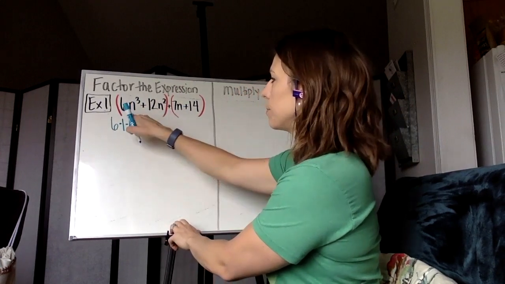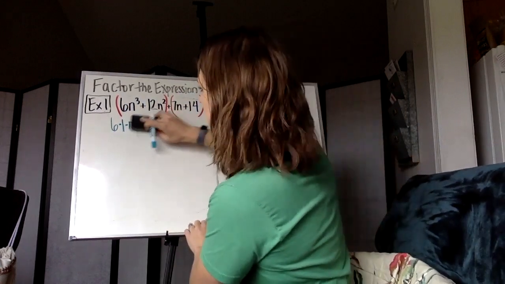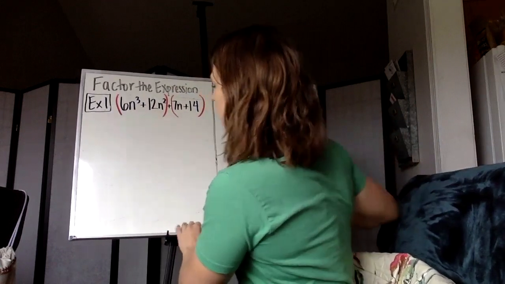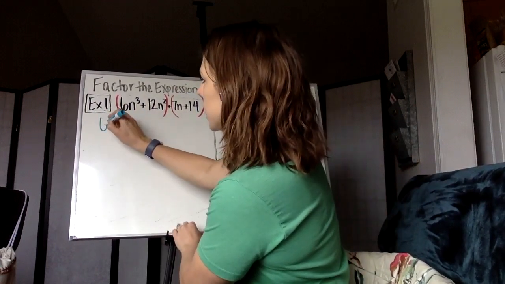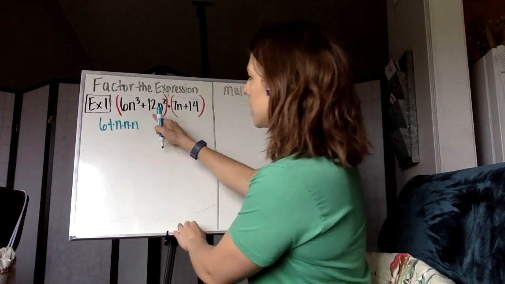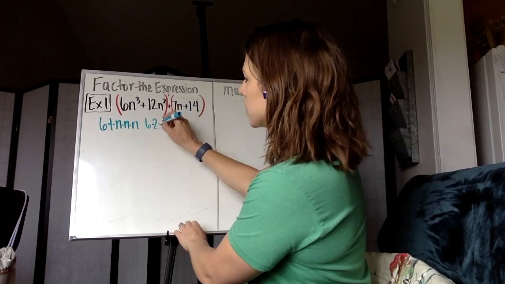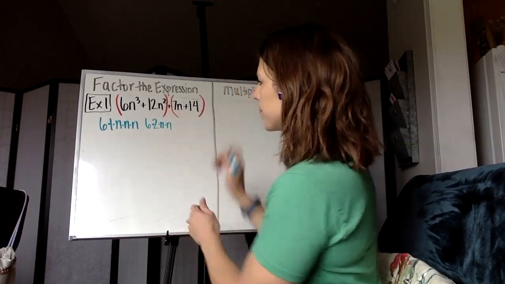That's our first term. Second term, 12 is 6 times 2, and n squared is n times n.